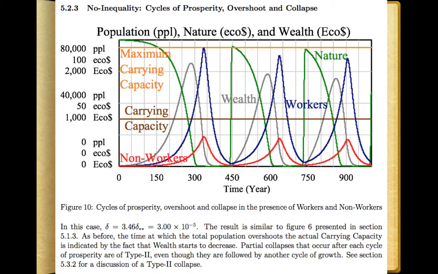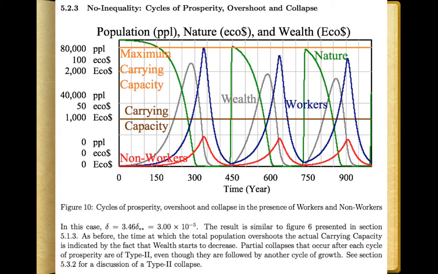If you push it even harder, if you push the production rate even higher, then you start getting the higher oscillations, the cycles of prosperity, overshoot, and collapse. And essentially, you can see the nature goes down, collapses completely, and for a while there's no nature, so everybody else collapses, but nature then is able to regenerate.